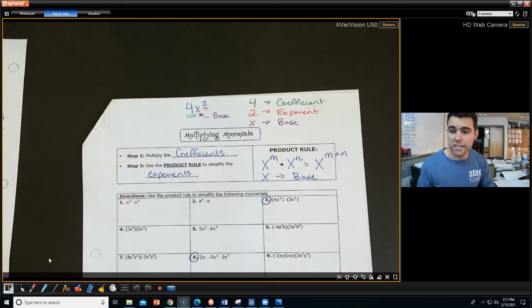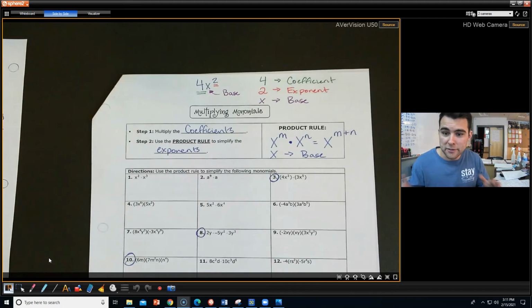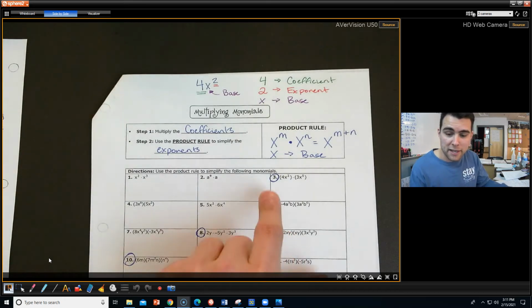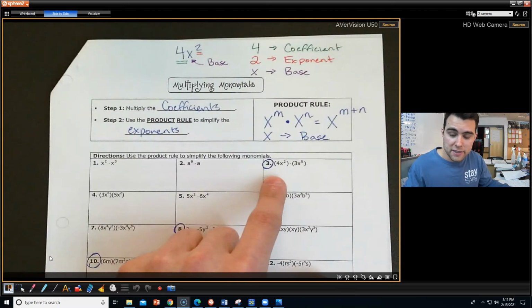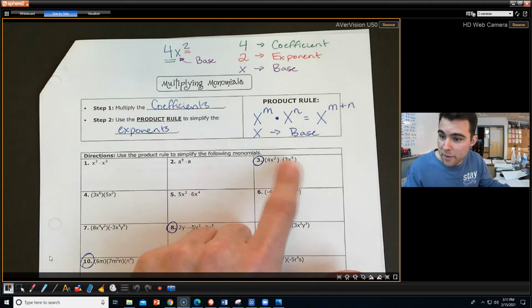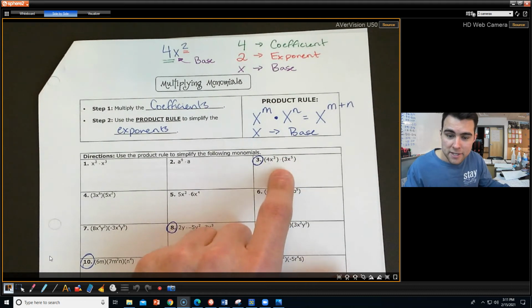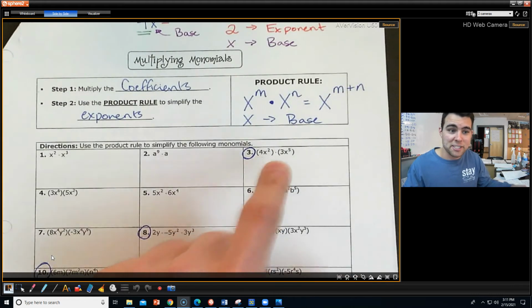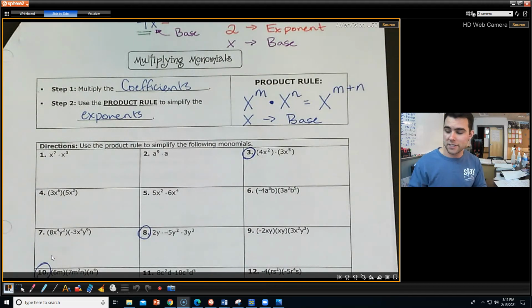So when I say look at that base, like we're going to look at number 3 in a second, the base of 4x squared is x right here. This base is also x. So let's try these 2 steps to multiplying these. We multiply the coefficients.